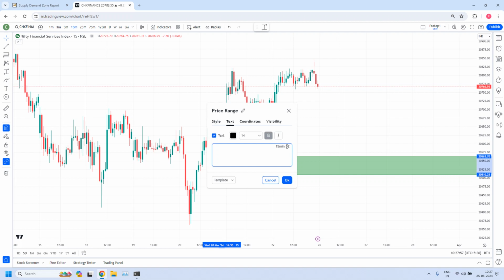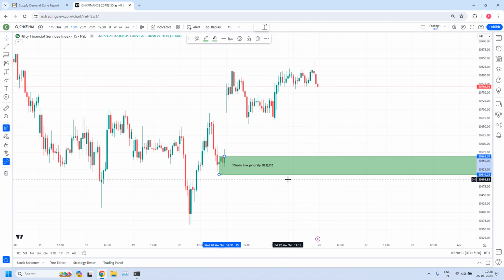This is actually 15 minutes high liquidity, but low priority among high liquidity zones. This is a 15-minute low priority high liquidity demand zone. But remember, high liquidity low priority is also better than the normal demand zone.